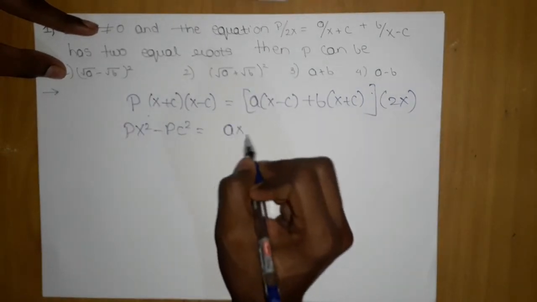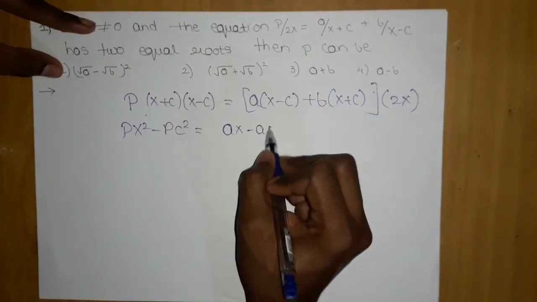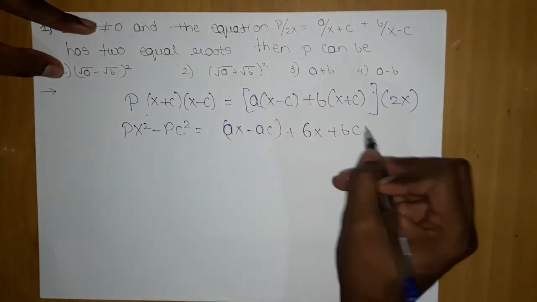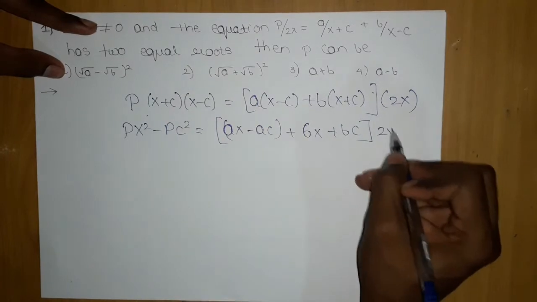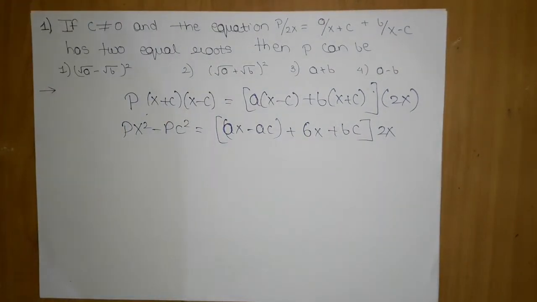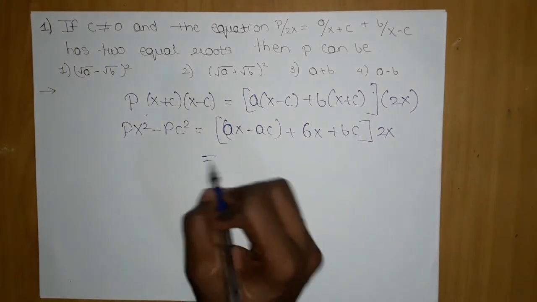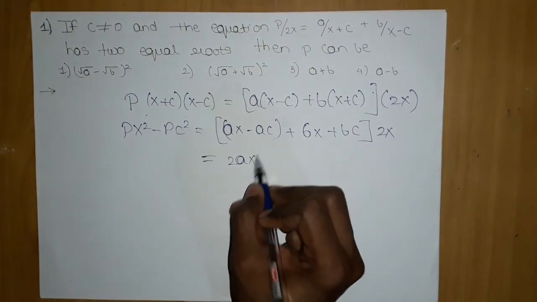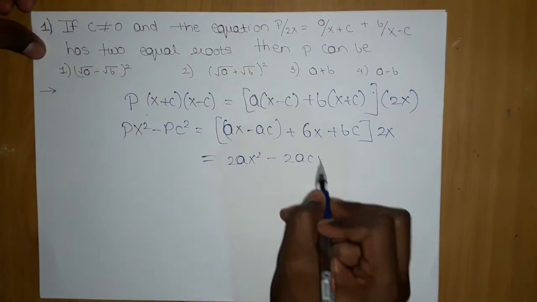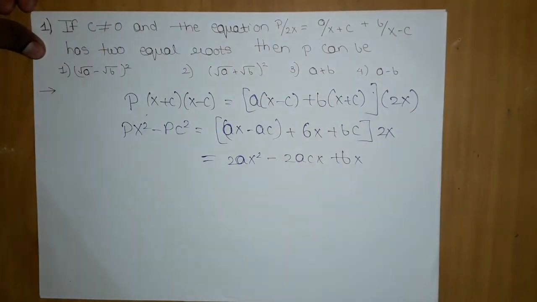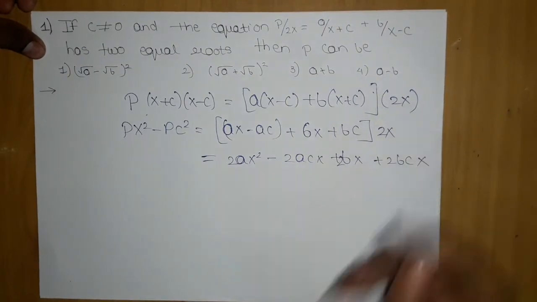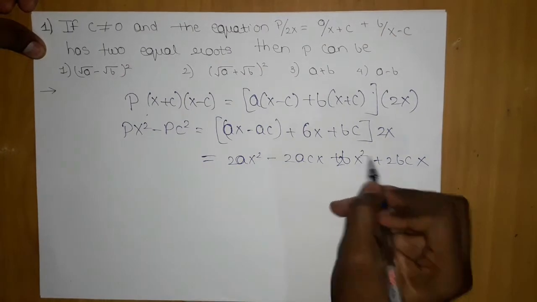This will become 2x minus ac, and this will become bx plus bc into 2x. Now what we can do further? We will create the quadratic equation by multiplying by 2x. Let me multiply it: 2ax square minus 2acx plus 2bx square plus 2bcx.